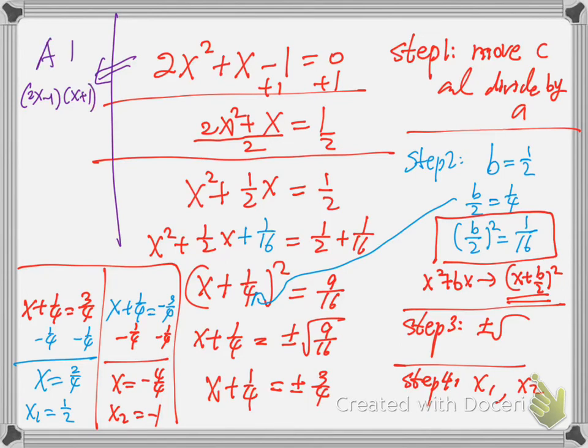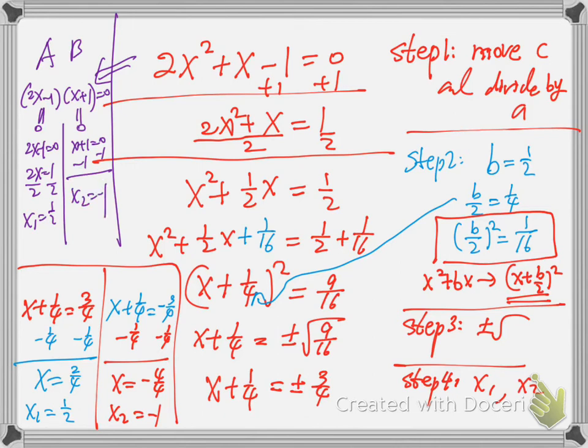So the product is 0, so this is 0 and the other one is 0. 2x minus 1 is 0, so 2x is 1, divided by 2, x1 is 1/2. x plus 1 is 0, minus 1, so x2 is negative 1.